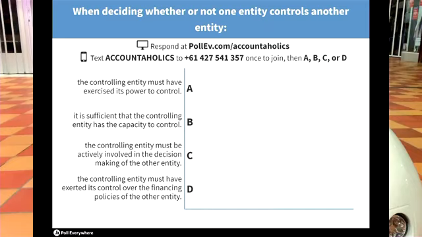Since I can't see you, I'm not sure which one you selected, but the correct answer would be B.